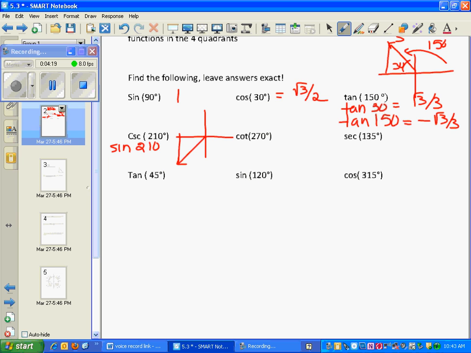What is our reference angle? Your reference angle has to fall between 0 and 90. You tell me. It's 210 less the 180, which makes it 30. Our reference angle is 30.